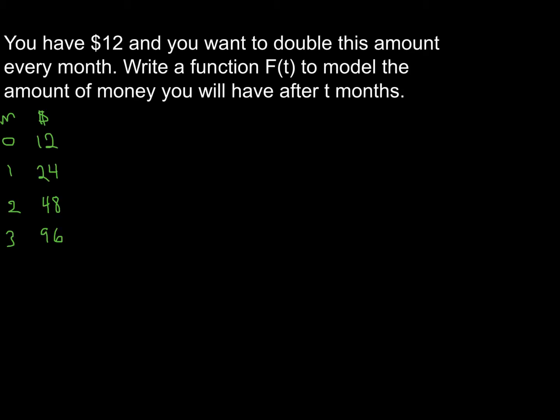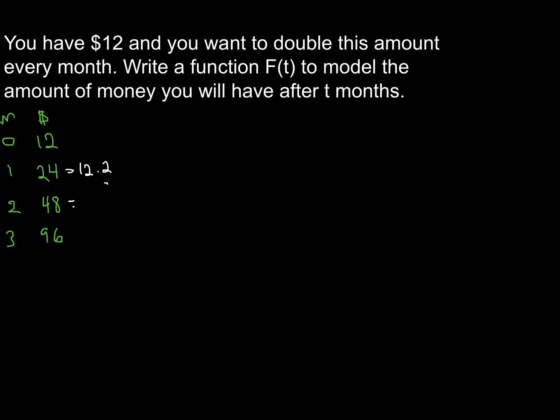All right, so I've just sketched out the first couple of steps here. At the very beginning, 0 months have passed, you've got $12. 1 month goes by, and now you have 24. So how did you get 24? Well, you took 12 and you multiplied it by 2. You doubled it. Okay, and then the next month, you doubled that again. So how did you get 48?